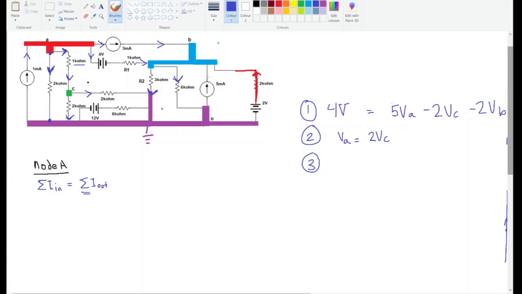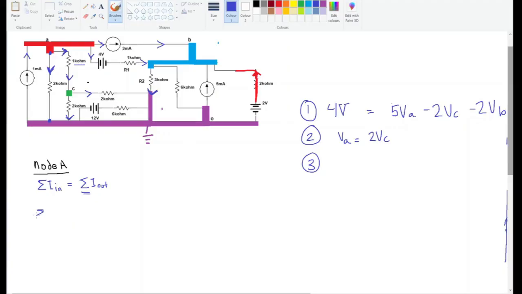This one over here is 5 milliamps going in. No choice about that. And over here, earlier we just drew an arrow going up, so we'll keep that arrow going up through this resistor. Okay, so we've got 4 currents going into node B. So let's write out the equation for that.